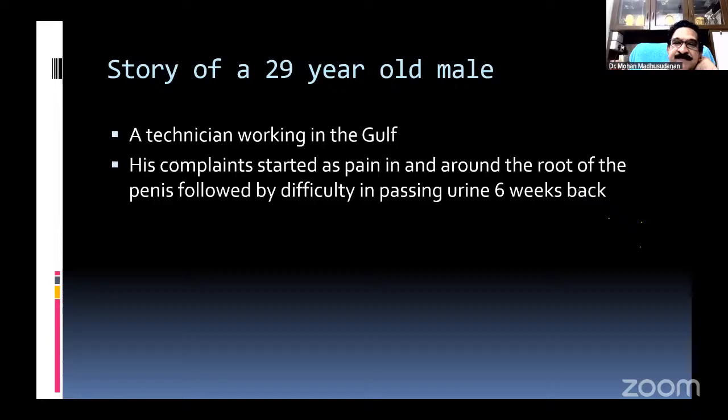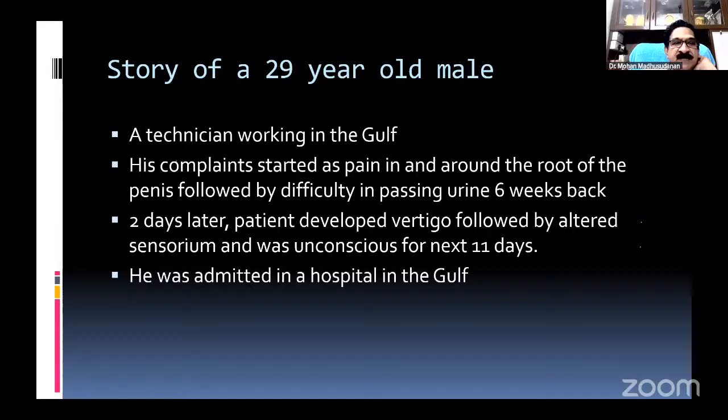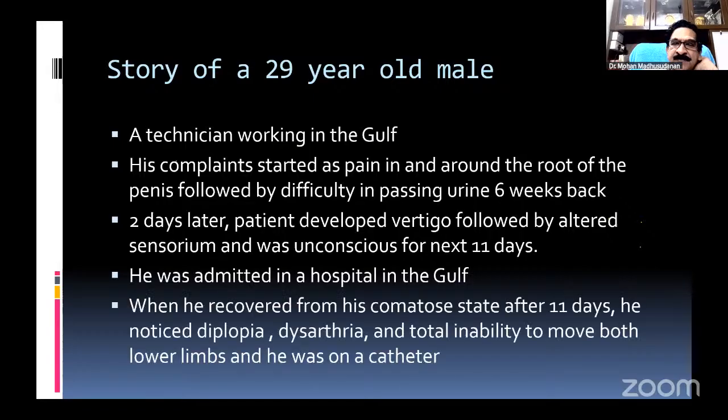Two days later, the patient developed vertigo, followed by altered sensorium, and was unconscious for the next 11 days. He was admitted in a hospital in the Gulf. When he recovered from his comatose state after 11 days, he noticed diplopia, dysarthria, and total inability to move both lower limbs, and he was on a catheter.